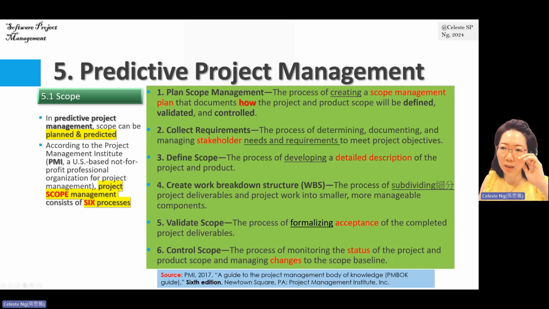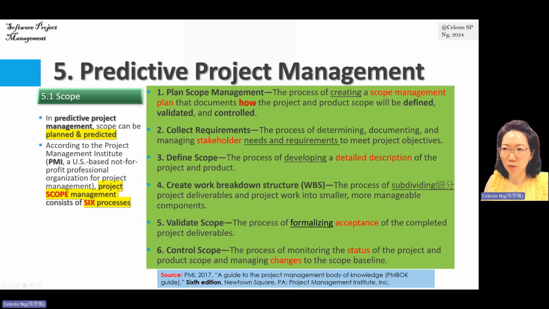According to the PMI, the Project Management Institute, which is a US-based non-profit professional organization in the area of project management professionalism, project scope management consists of 6 processes.